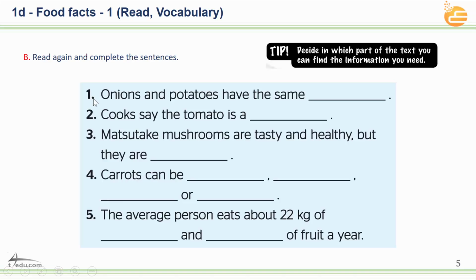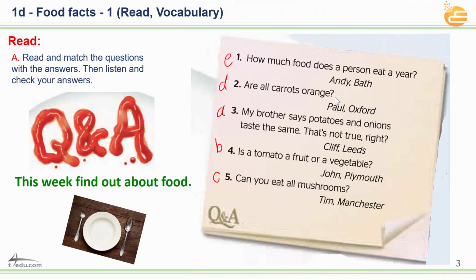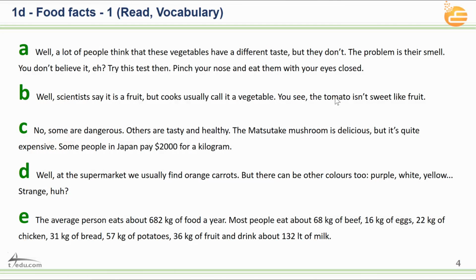For example, number 1, onions and potatoes have the same what? What do you think? Taste, exactly, the same taste. Let's go back just to make sure. Okay, where is it? Okay, can you see it?